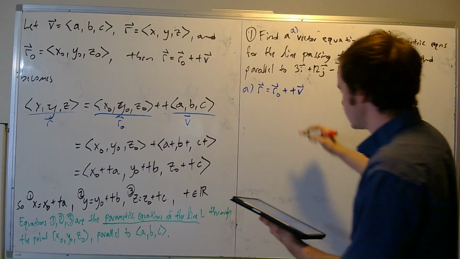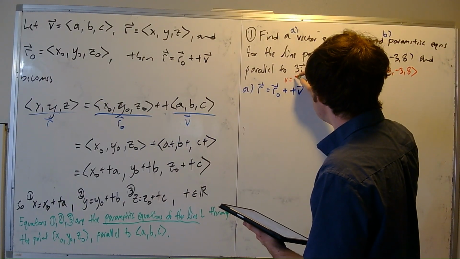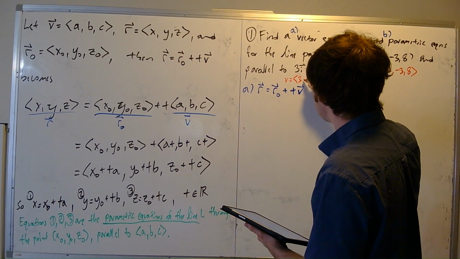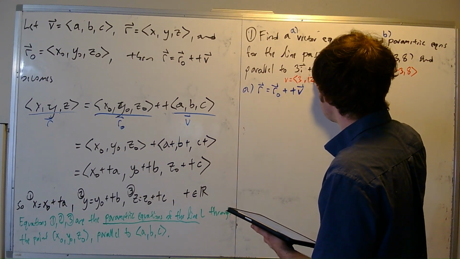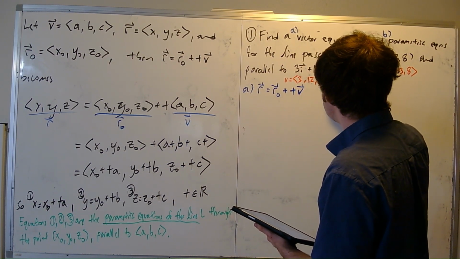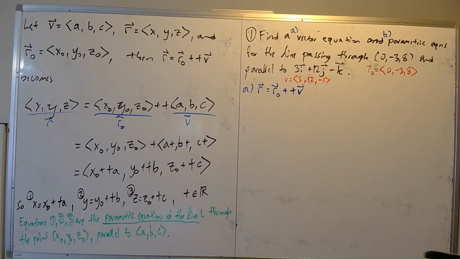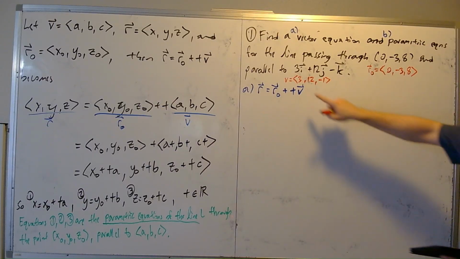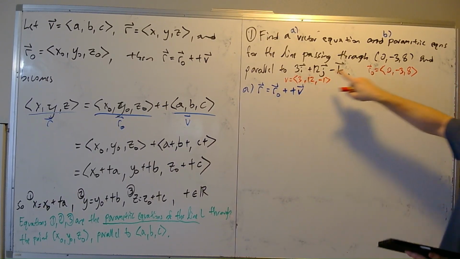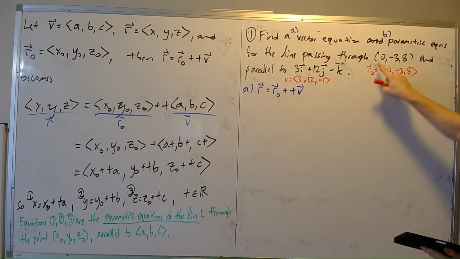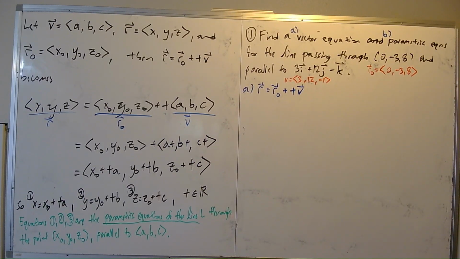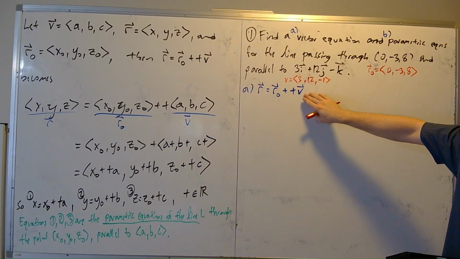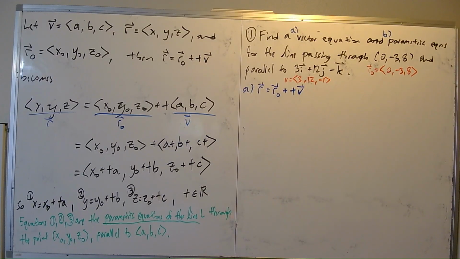So v is going to be equal to the vector with first component 3, second component 12, and third component -1. That's just from reading this. So that's going to be our v, because v is the thing that it's parallel to, and r0 is the position vector of the point that the line passes through. So that gives us what we need in order to plug it in.